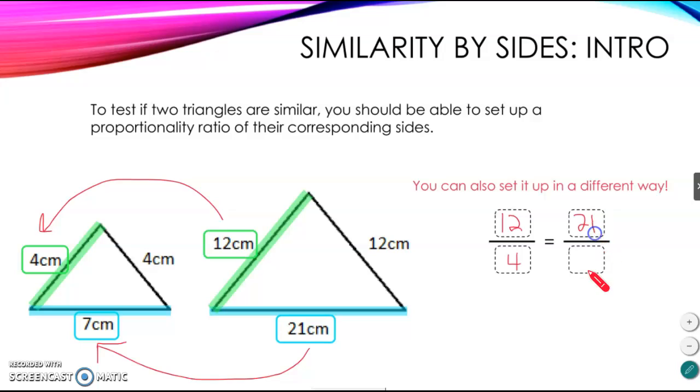As long as you set up corresponding sides with each other that match with both triangles, the proportions will work out. And so we have 12 over 4 is equal to 3, and 21 divided by 7 is also equal to 3. And so that also shows that those two triangles are similar to each other. And if I got different values for this, then they would not be similar.